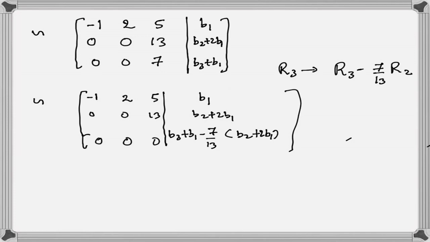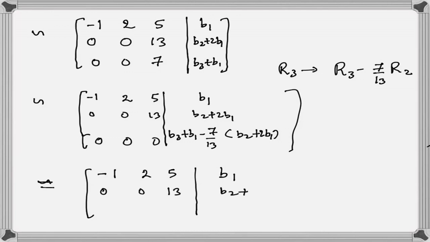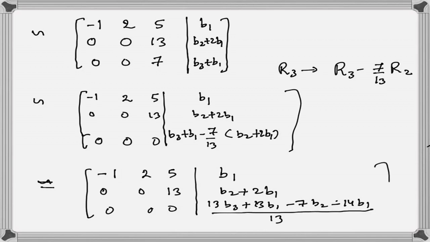All right, so now what do we get? We get minus 1, 2, 5, b1; 0, 0, 13, b2 plus 2b1; and 0, 0, 0, and here the last entry is b3 plus b1 minus 7 by 13 times b2 plus 2b1, that is 13b3 plus 13b1 minus 7b2 minus 14b1, divided by 13.